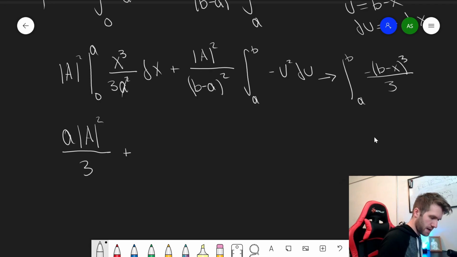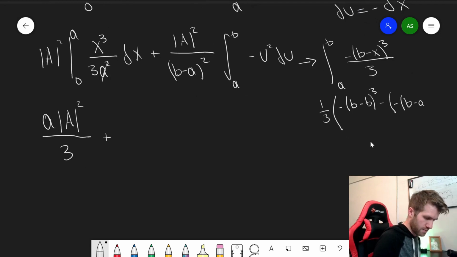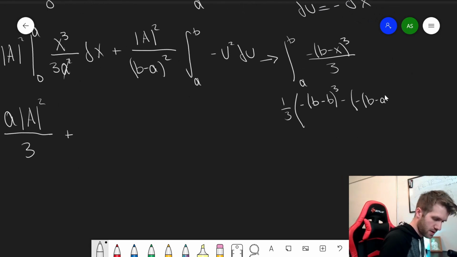And if we substitute our bounds in, I'm going to pull out the 1/3, we're going to get negative b minus b cubed minus b minus a. Running out of room on an infinite whiteboard. B minus a cubed, and what we see here is that this just becomes 0. You add those up, and you just get b minus a cubed.